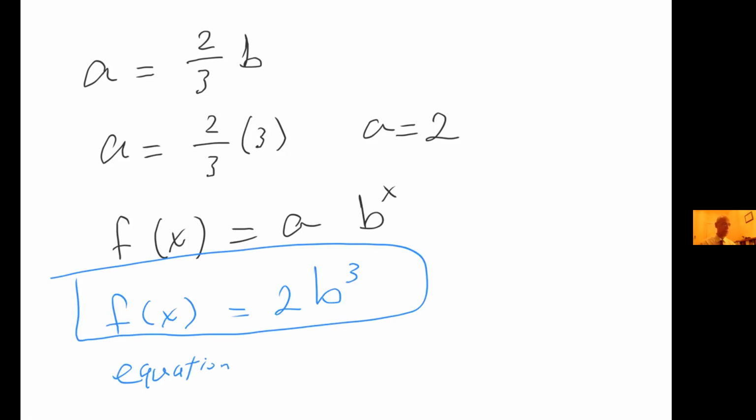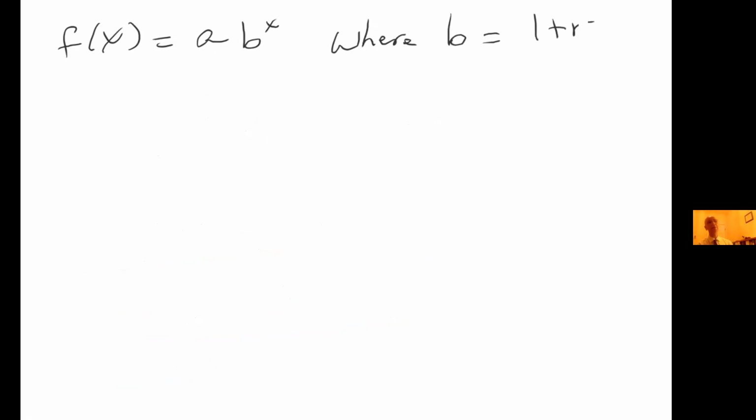Now, the question is asking us to find the growth or decay rate. What do we know? We know that f of x equals a times b to the power of x, where the base b is 1 plus the rate.